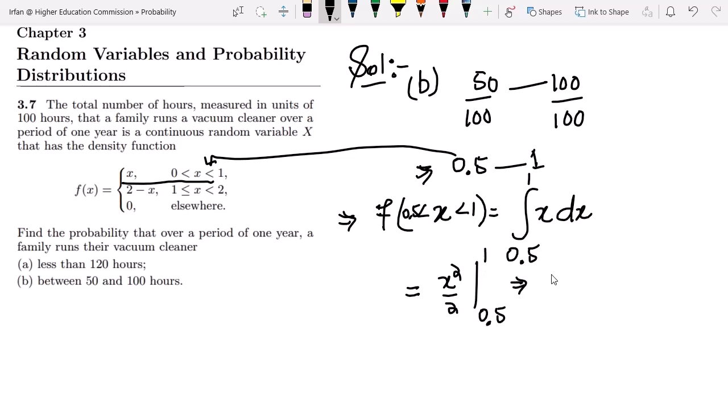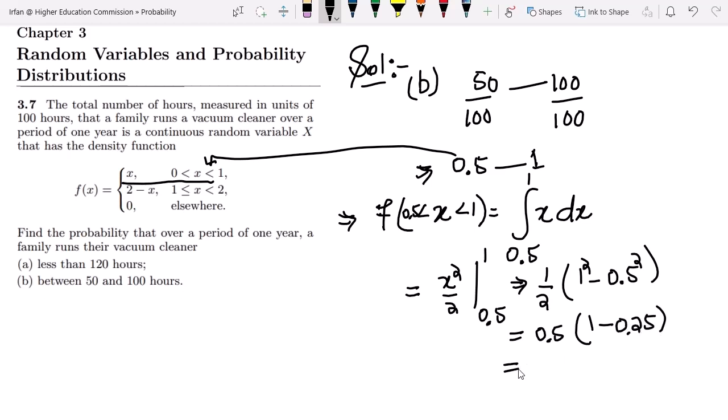Now let me find it out. This would be 1 by 2 times 1 square minus 0.5 square. 0.5 square is 0.25.